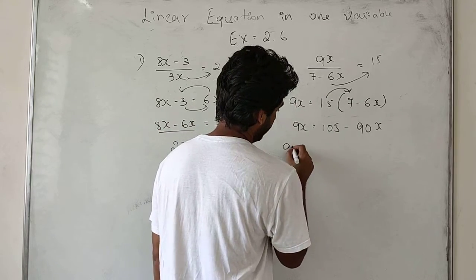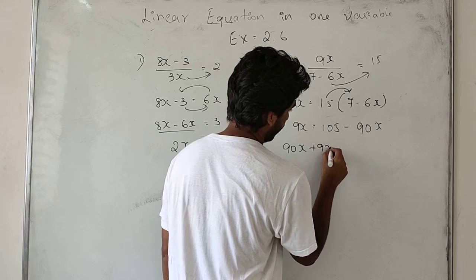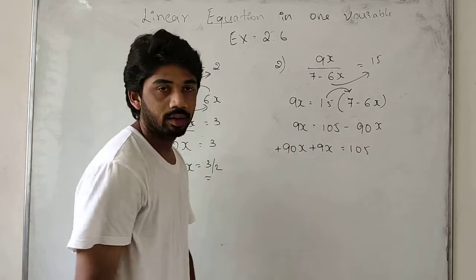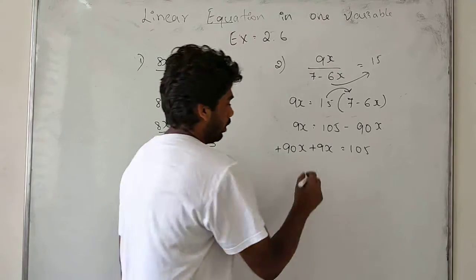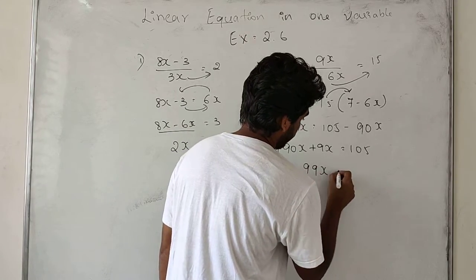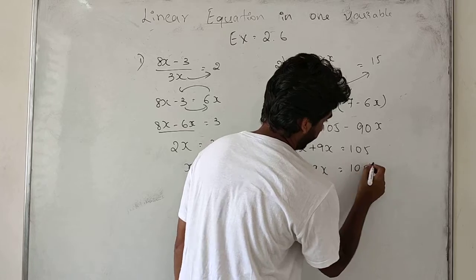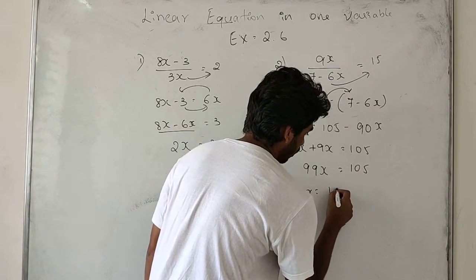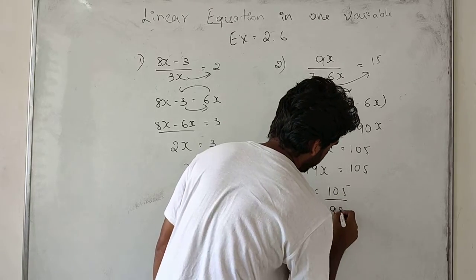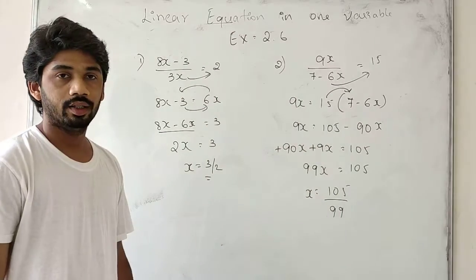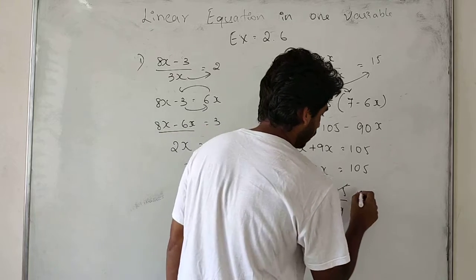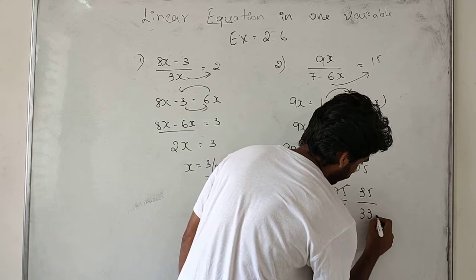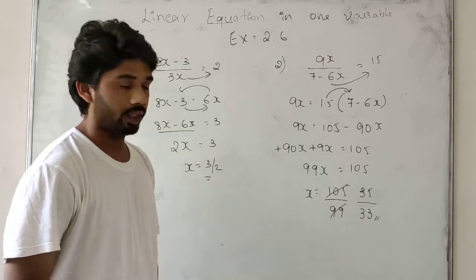So I will get 90x plus 9x is equal to 105. Here minus is there, it should become plus. So now I will get 99x is equal to 105. So x is equal to 105 by 99. We can divide it by 3. 3 times 35 is 105, 3 times 33 is 99. Further it will not divide. So x is equal to 35 by 33.